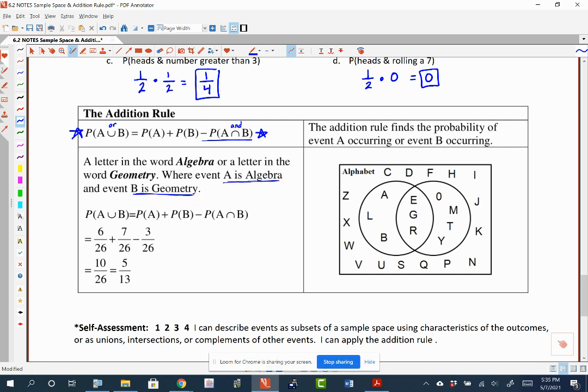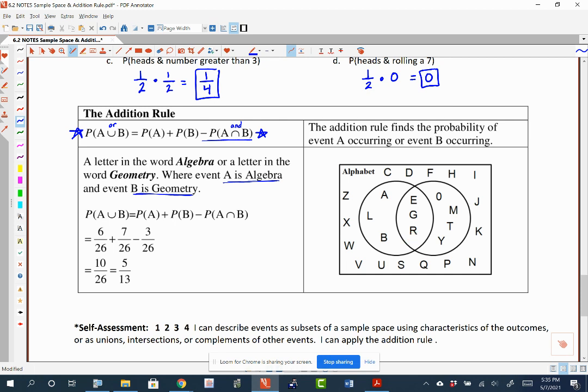So we look in this Venn diagram, and my first bubble here is the letters for algebra, and my second is geometry. And in the middle we see the overlapping E, G, and R that are both in algebra as well as in geometry.